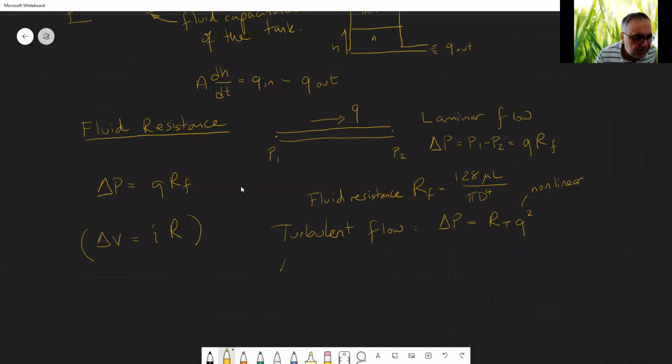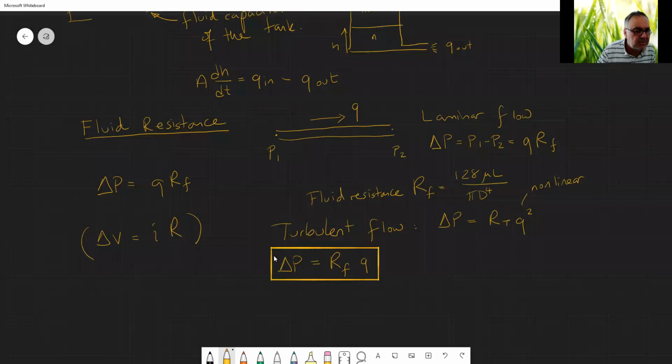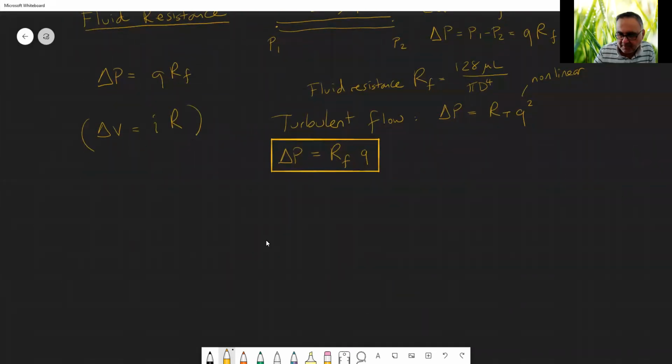Change in pressure, delta P, is equal to RF times Q, okay? This is the linear relationship for a pipe. And usually we show this by something like this.